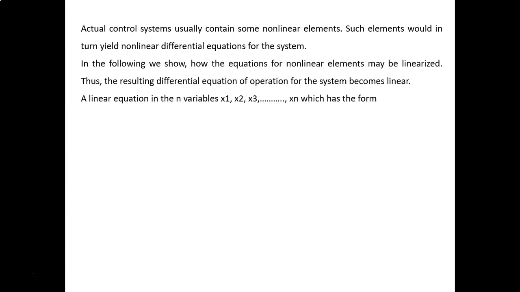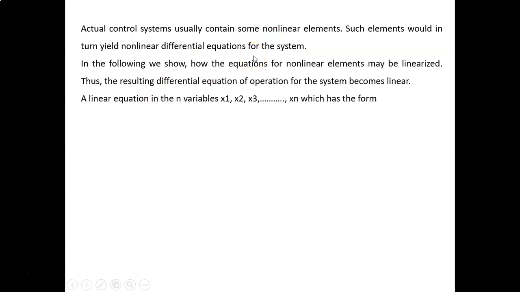Next, actual control systems usually contain some non-linear elements. Such elements would in turn yield non-linear differential equations for the system. That is, in an actual control system, some elements are non-linear elements.